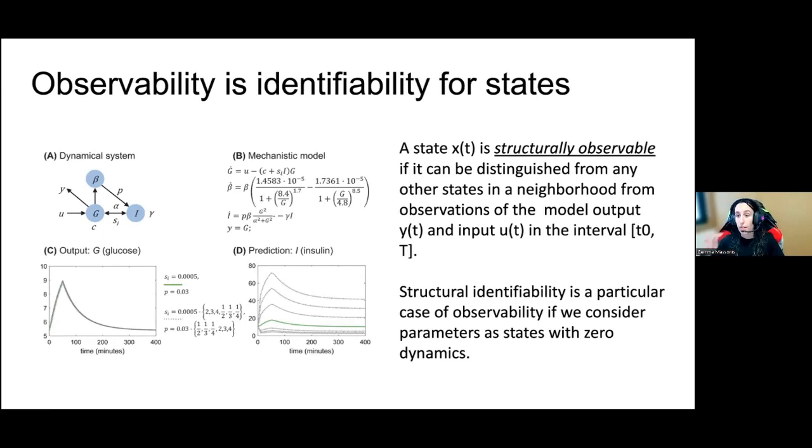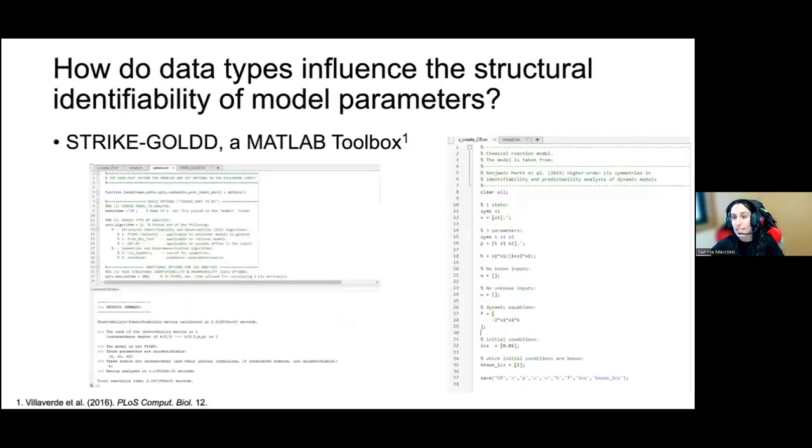In our study, we created a database, and we studied the structural identifiability and observability using STRIKE-GOLDD. STRIKE-GOLDD is a MATLAB toolbox. If you see these screenshots, it can seem so difficult to do, but once you get used to using STRIKE-GOLDD, it's easy.